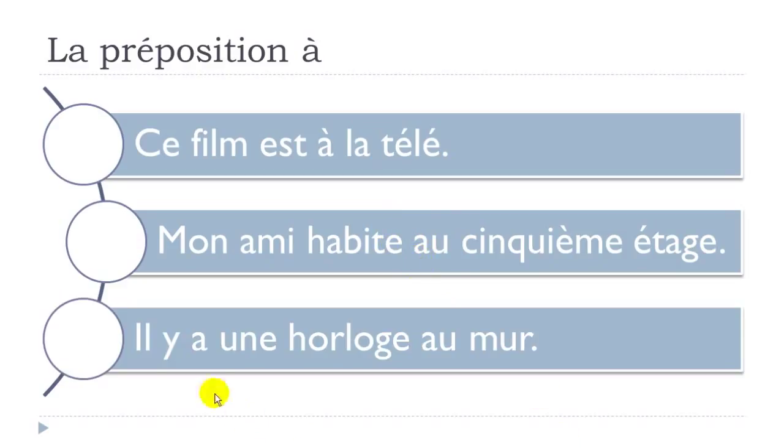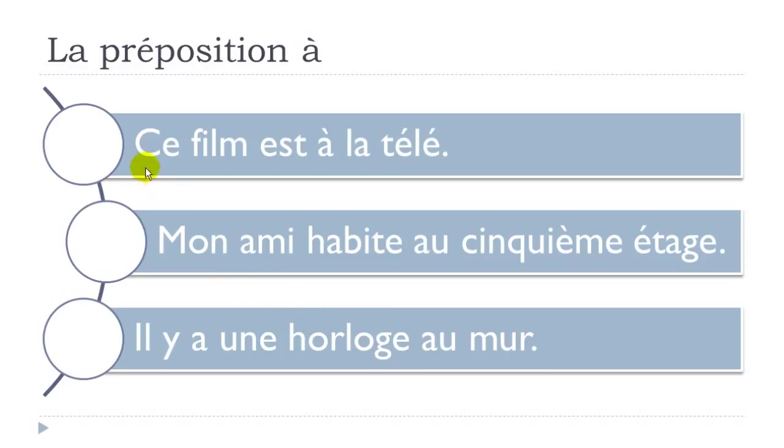Third example, il y a une horloge, a clock, au mur, same thing here, le mur, the wall, but then we combine à and le and it becomes au, au mur. Il y a une horloge au mur.